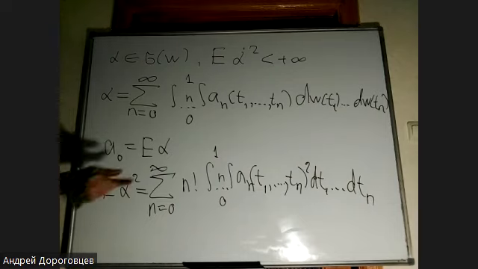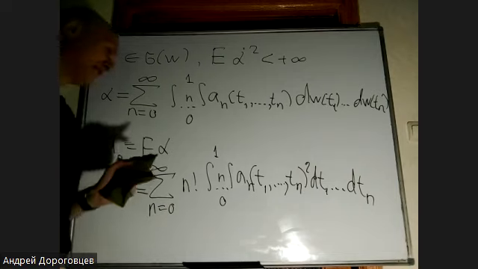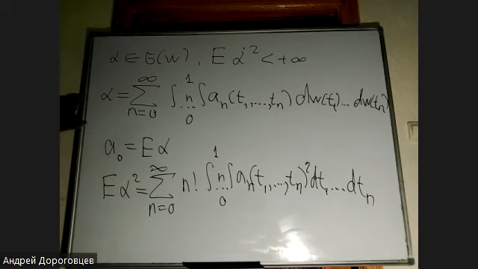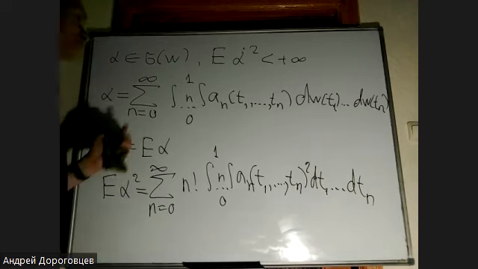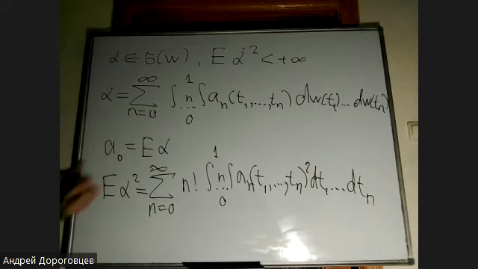So this is the chaotic expansion in our particular case related to the noise generated by the Wiener process, but sometimes people prefer to write this expansion in terms of Wiener integrals.